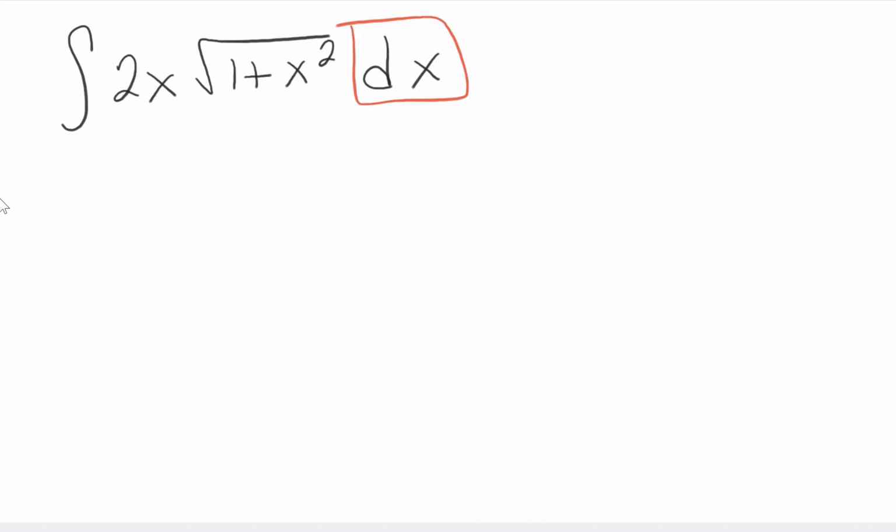So the u substitution rule says we're going to do something very similar to what we just did a minute ago. We're going to take this piece right here and make that u. So u equals 1 plus x squared.